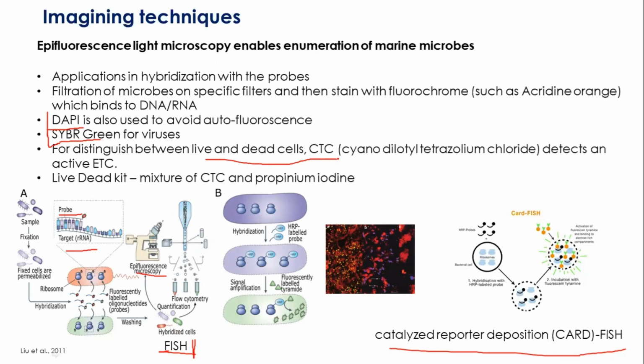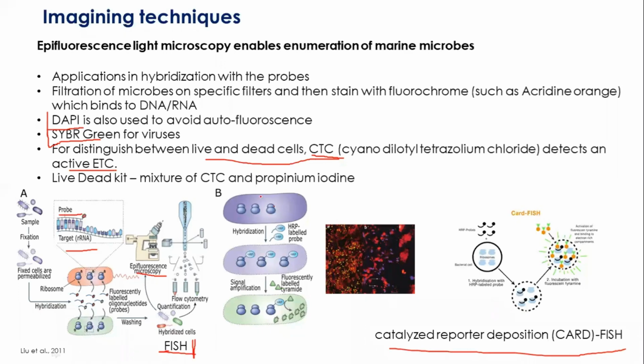So if you have filtered, let's say, 1 liter of water, and you want to see how many live and dead cells there are, you can use CTC dye, which specifically detects the active electron transport chain. The active electron transport chain will be there only in the live cells, and as a background you will have the DAPI, which will bind to all the DNA, right? So you will have a contrast where you can distinguish the live and the dead cells.